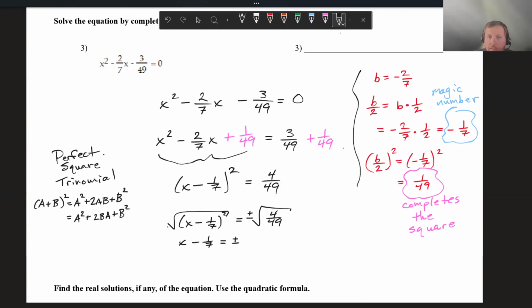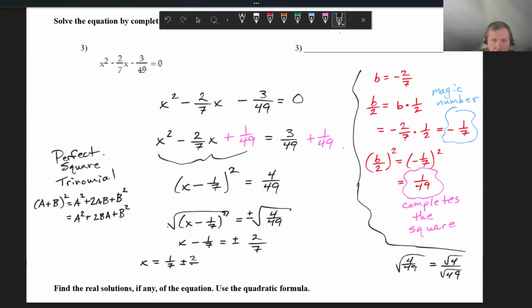So if I have the square root of 4/49, the square root distributes to the top and to the bottom. So then that means I have plus or minus 2/7. Okay, so now x is equal to 1/7 plus or minus 2/7.